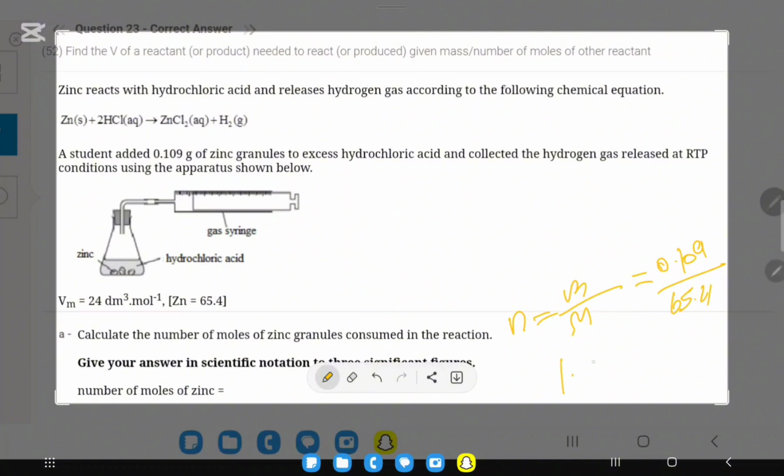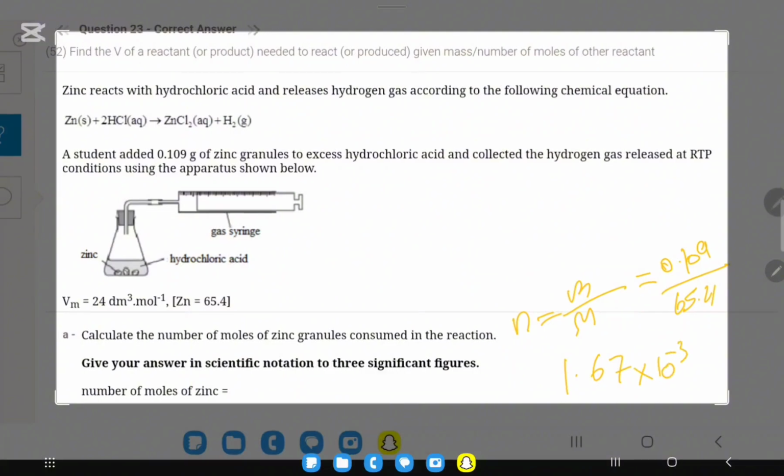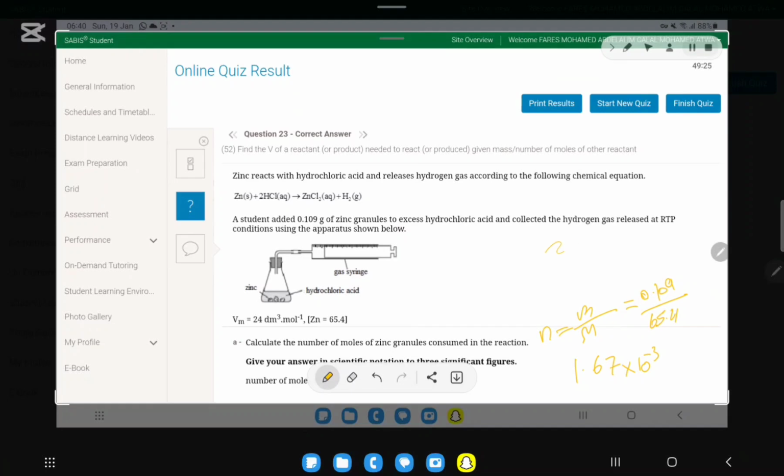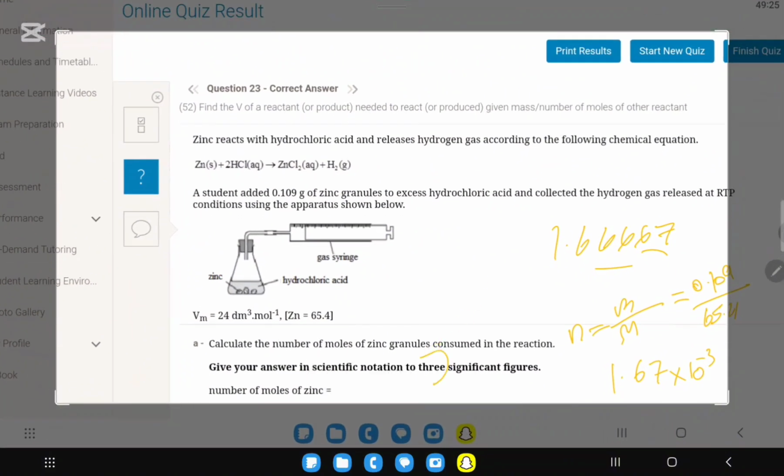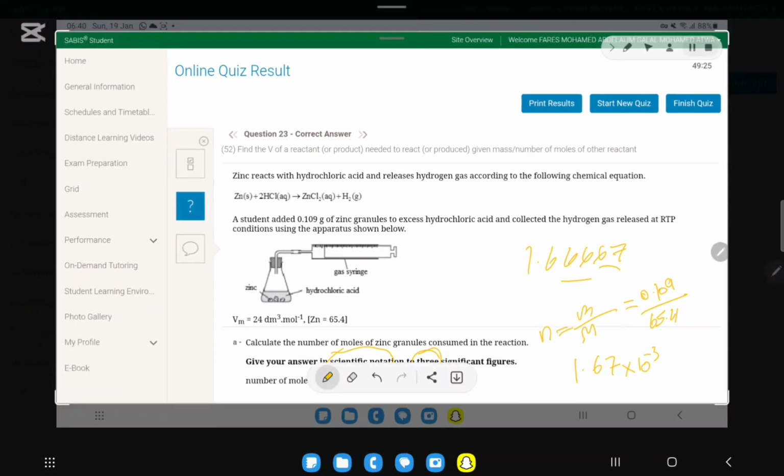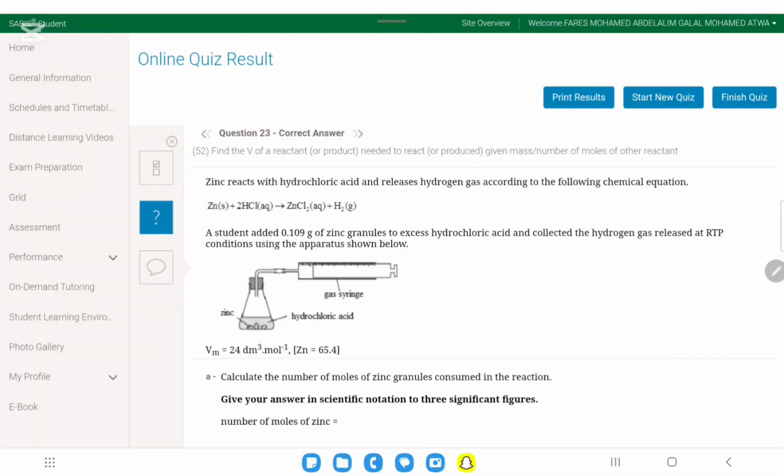You get 1.6 repeated. On the calculator it shows you 1.666667 continuous. You round it to how many significant figures they want, and they want 3 significant figures and scientific notation. I rounded it up to 1.67 times 10 to the power of minus 3.